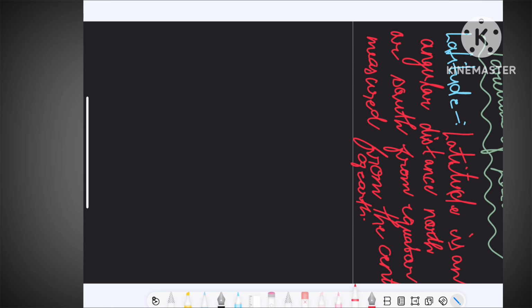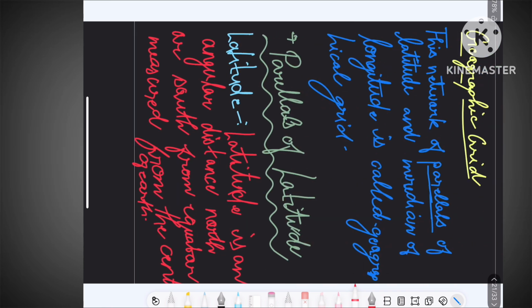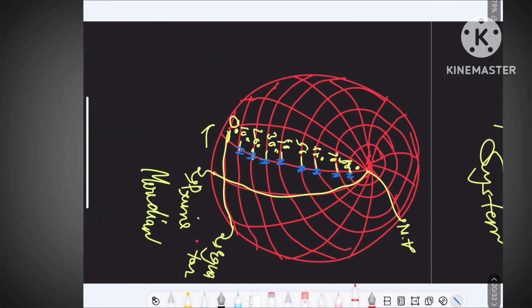Let us see the parallels of it. For example, the line of 45-degree north. Let us see what is 45-degree. Here, somewhere here. The line of 45-degree north joins all places situated at the angular distance of 45-degree north.